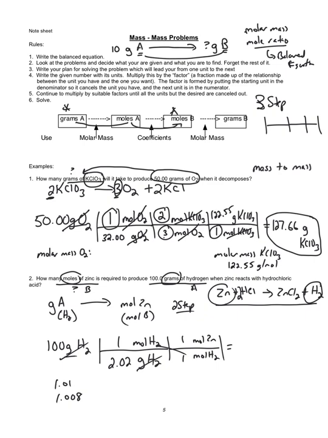So 100 divided by 2.02 gets us 49.5 moles of zinc. So we literally do a mass-to-mass problem, but we just stop after step 2. Okay? And that's how you do a mass-to-mole problem.